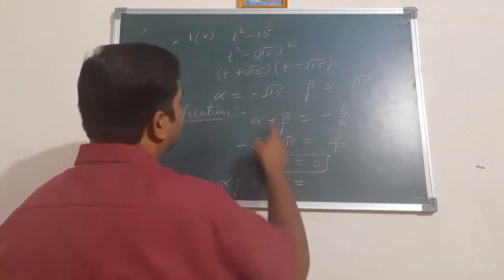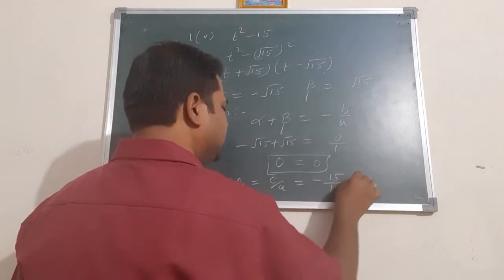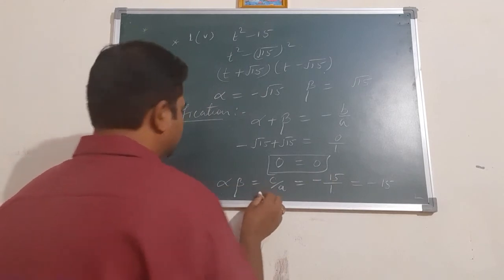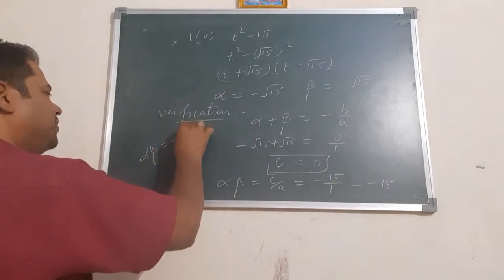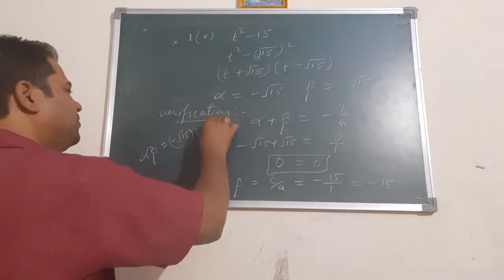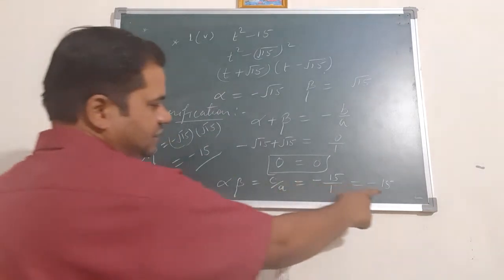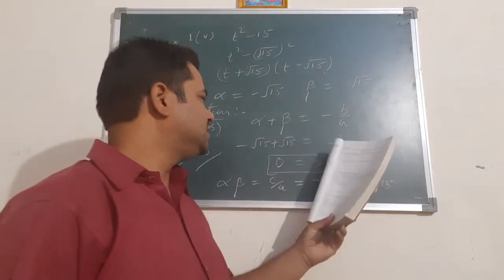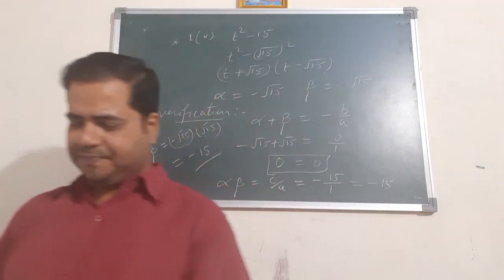C is minus 15 upon 1, this is minus 15. And alpha into beta is minus root 15 into plus root 15, and this is minus 15. So alpha beta is minus 15 and alpha plus beta is 0. Hence it is verified. Okay.